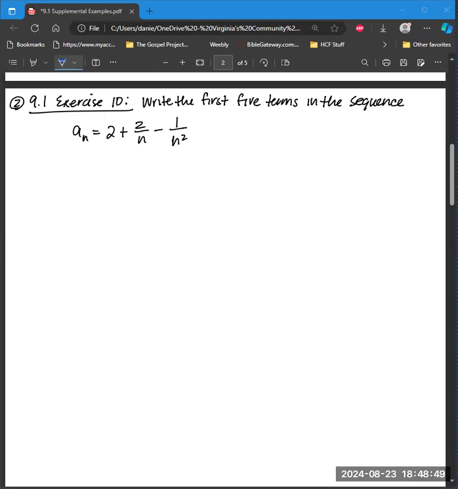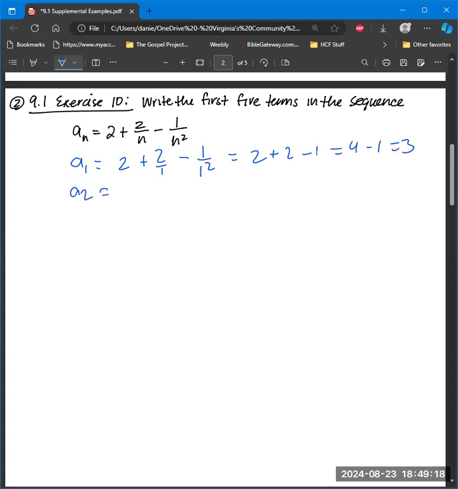So a sub 1: 2 plus 2 over 1 minus 1 over 1 squared is 2 plus 2 minus 1 is 4 minus 1 is 3.